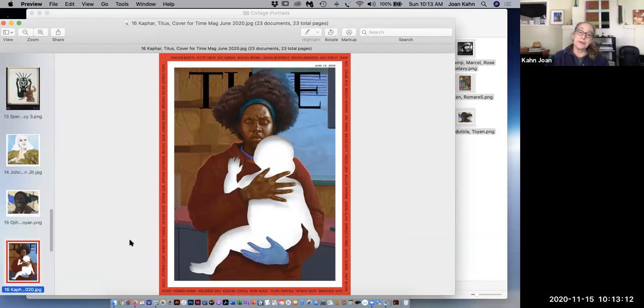Another beautiful collage on Time magazine this last year, an African-American woman holding a disappeared child. I think it was in relation to the Black Lives Matter movement.